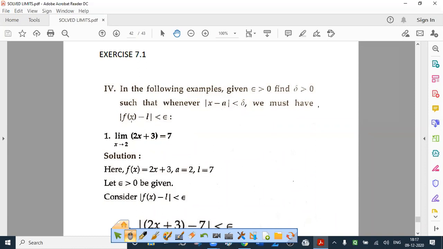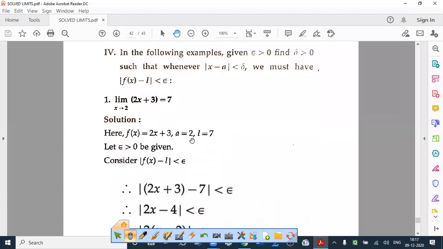See, what is f of x? f of x is the function whose limit value is to be obtained. What is L? L is the value of the limit. What is a? a is the tending value of the variable, which is usually x. What are epsilon and delta? Epsilon and delta are small positive real numbers.